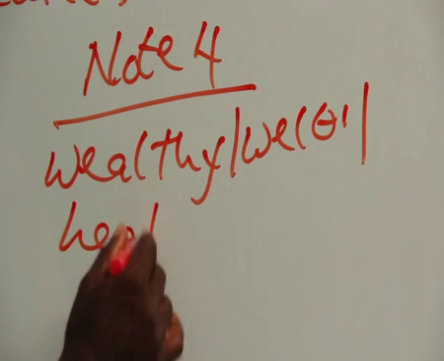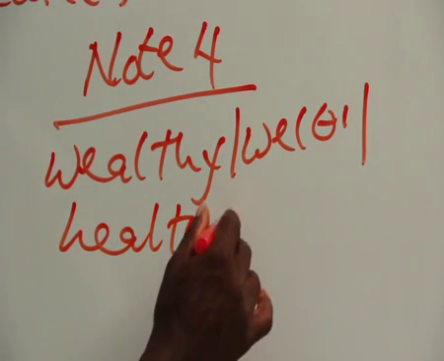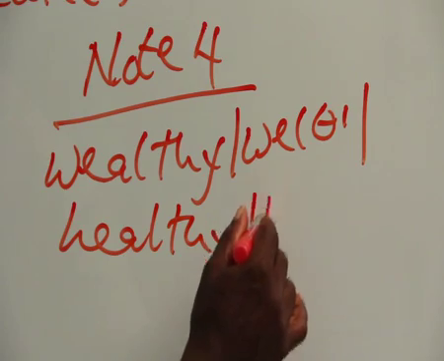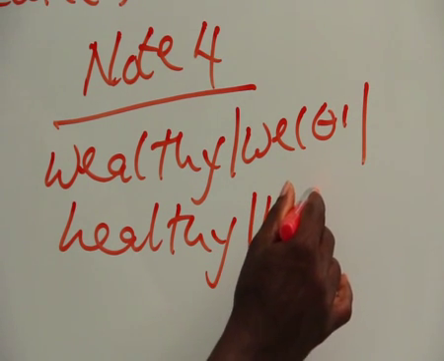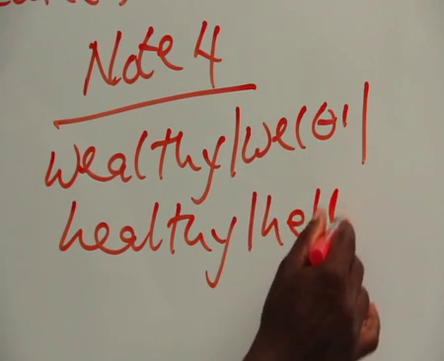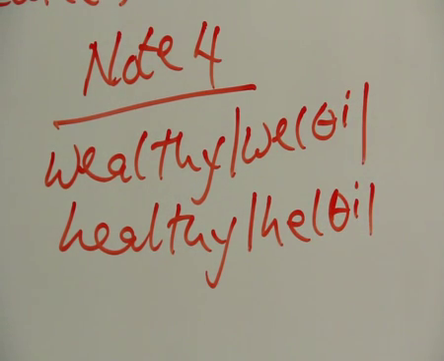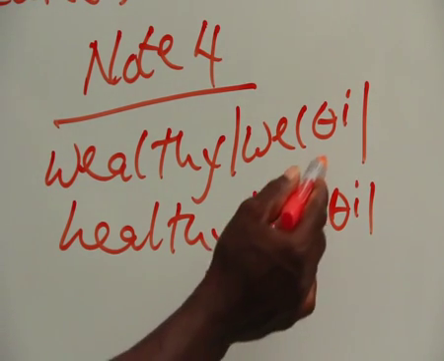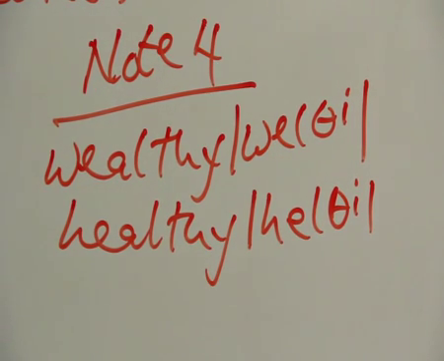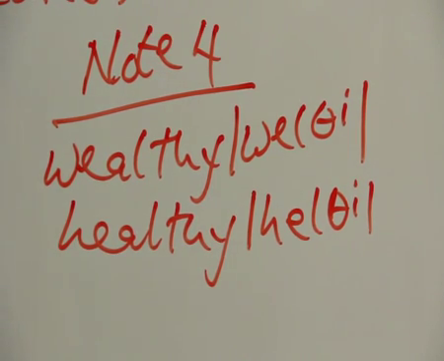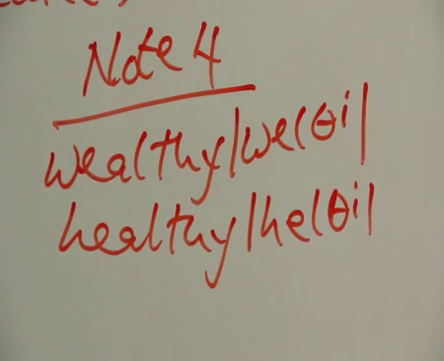The same thing here. "Healthy," not "healthy." You want to take note of that. Most people pronounce this wrongly by pronouncing "worthy" and "healthy," but they should be "worthy" and "healthy."